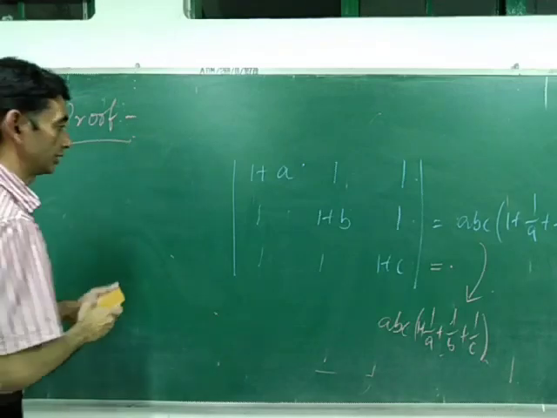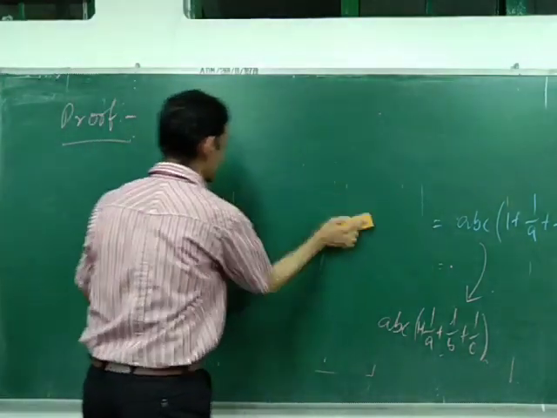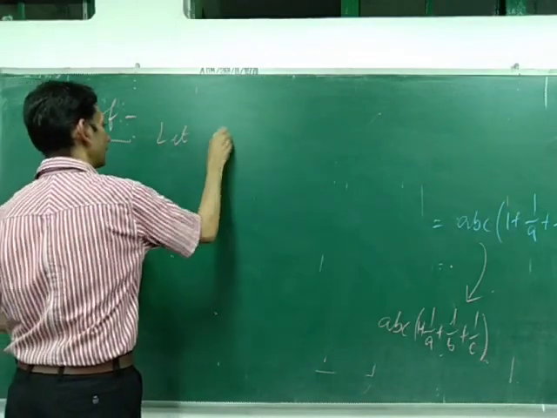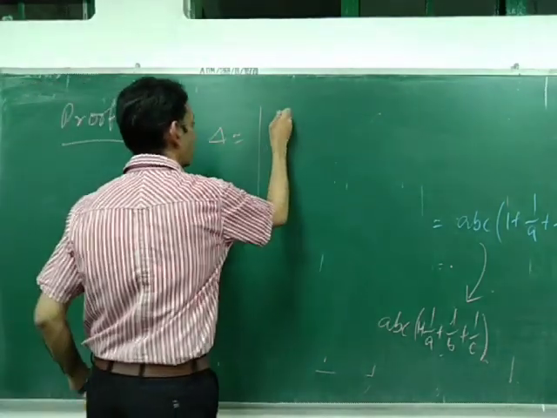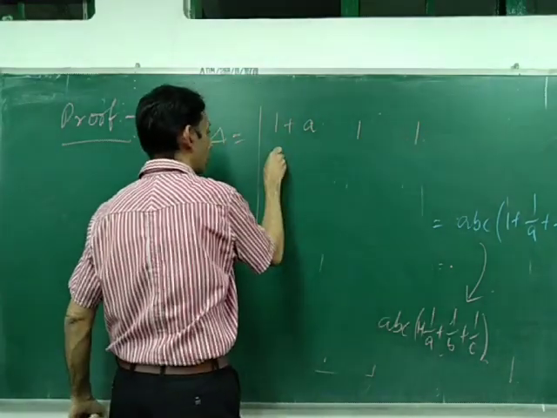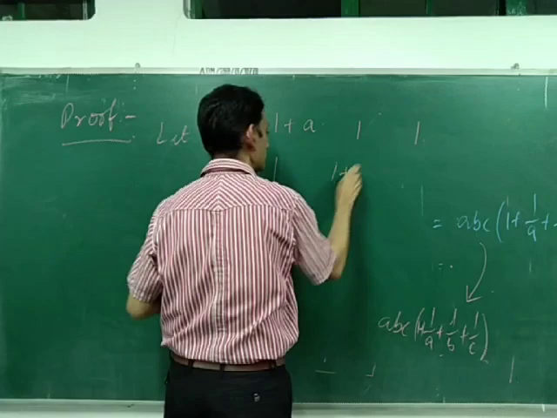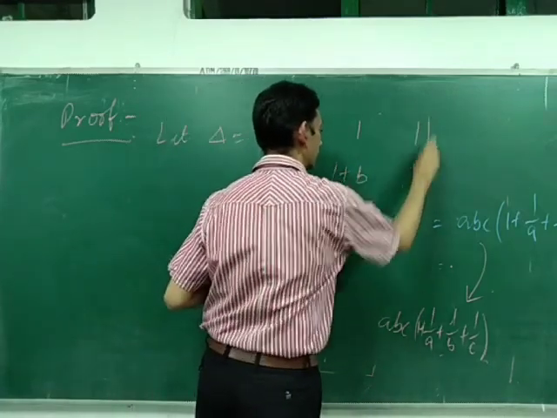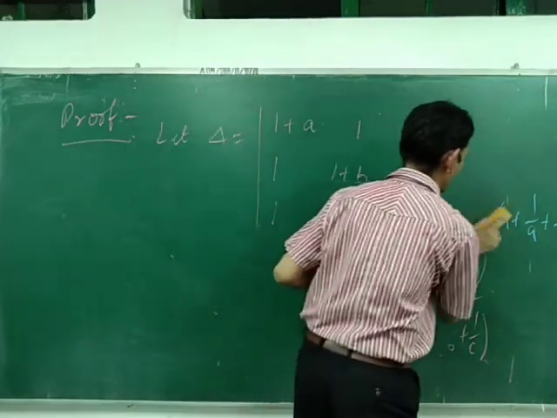So we write the determinant. Let delta be equal to the determinant with rows (1 plus a, 1, 1), (1, 1 plus b, 1), (1, 1, 1 plus c). This is the question.